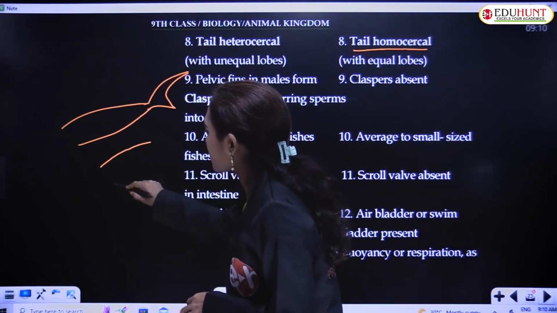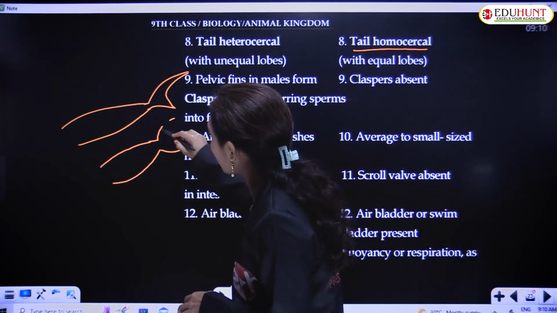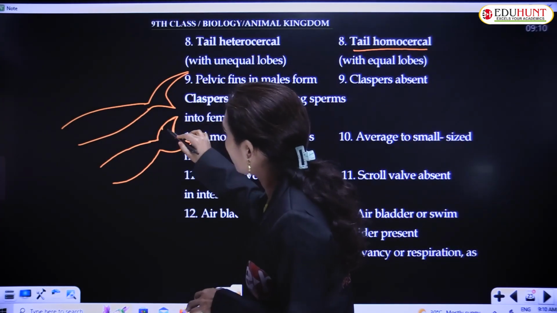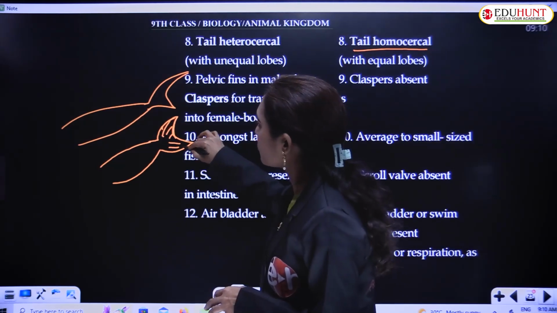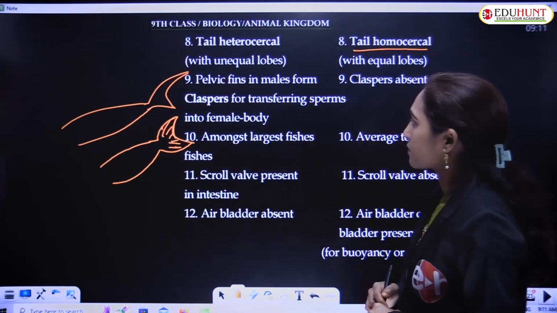In Osteichthyes the lobes are like this, like this. Both the lobes are equal in size.